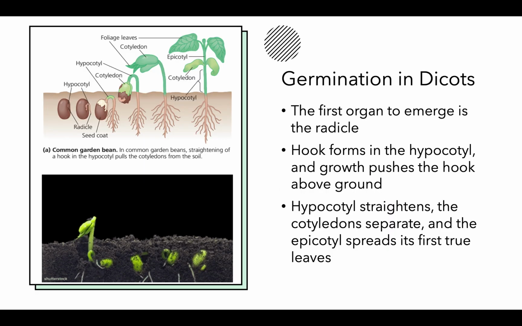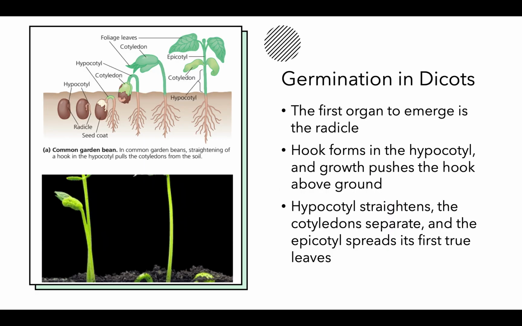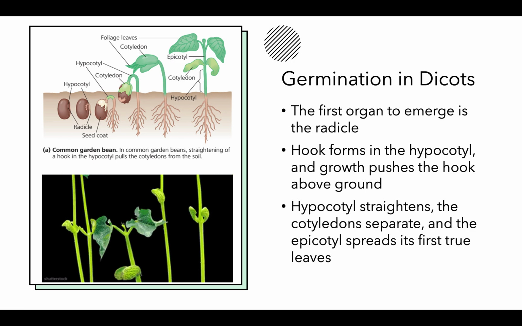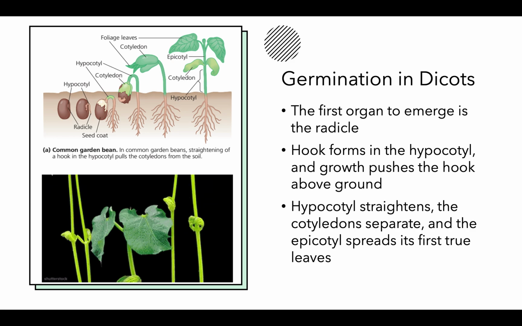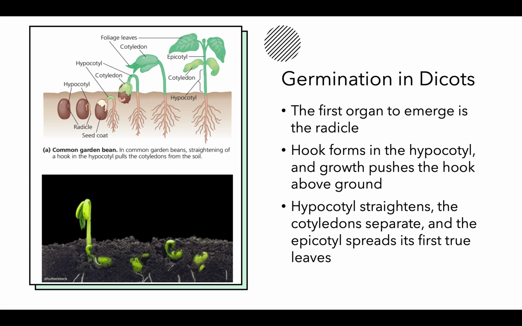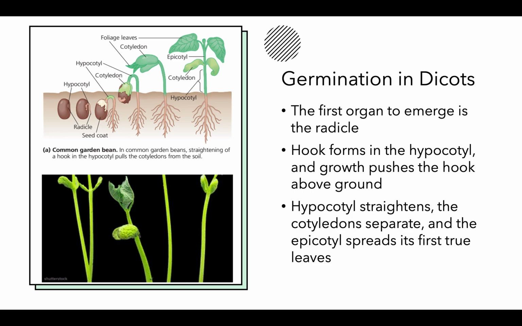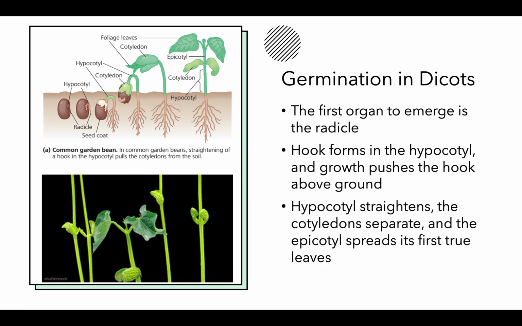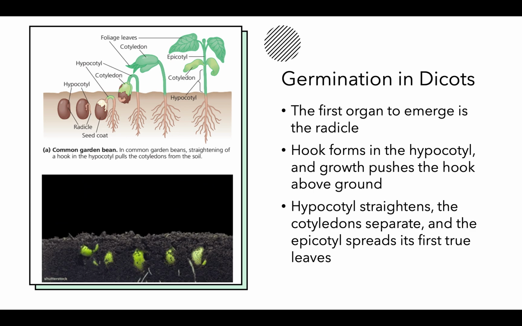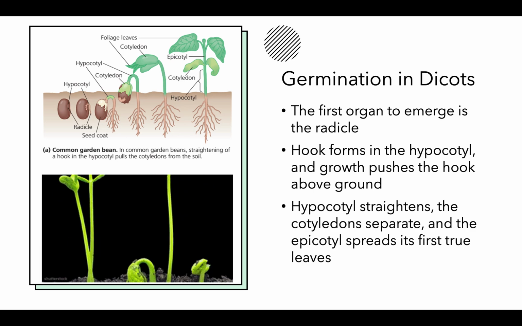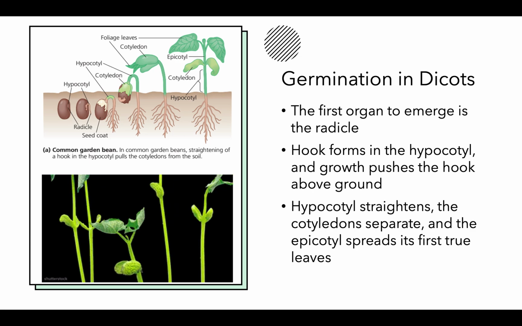We now compare the germination between the dicot and monocot seeds. In dicots, the first organ to emerge from the germinating seed is the radicle, which is, as you can recall, the embryonic root. The development of a root system anchors the seedling in the soil and supplies it with water necessary for cell expansion. In garden beans, for example, a hook forms in the hypocotyl, and growth pushes the hook above ground.